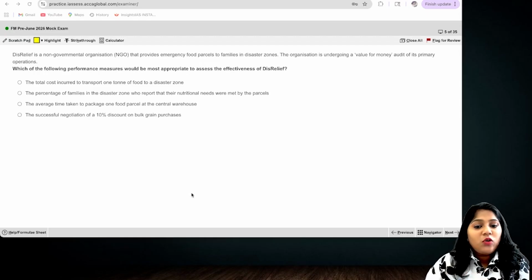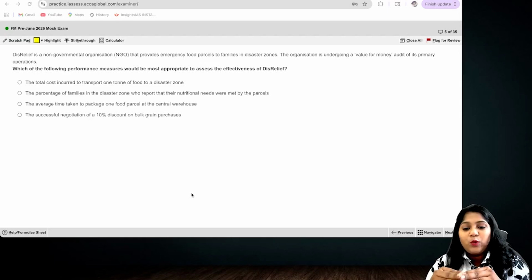Option A: the total cost incurred to transport 1 ton of food to a disaster zone. Guys, it's all about economy, efficiency, and effectiveness. Right? 3 E's. Now, the total cost incurred to transport 1 ton of food: you're talking about the cost you have incurred, but if I have to talk about effectiveness, when you talk about cost, we are talking about something more economical.